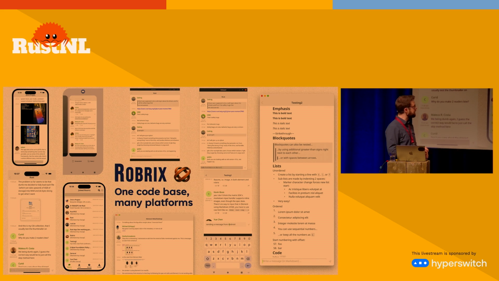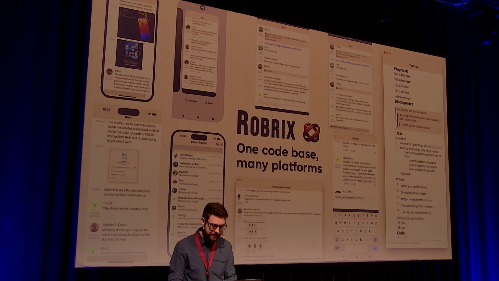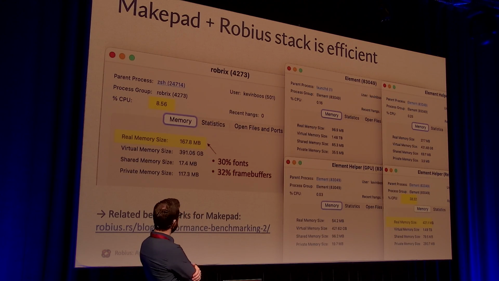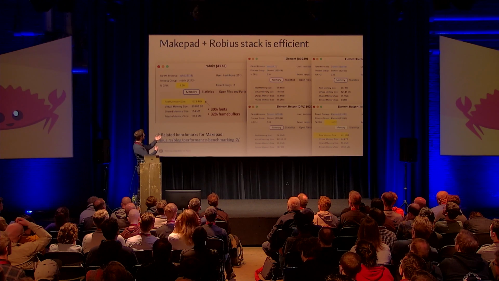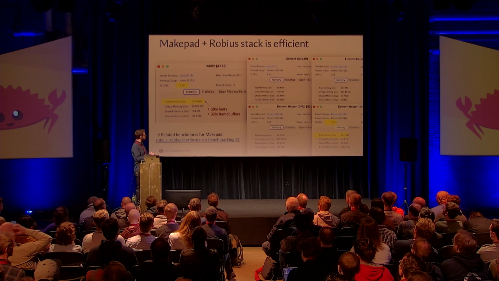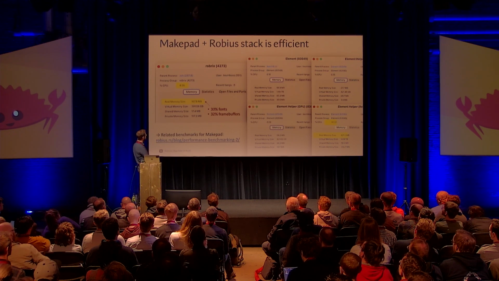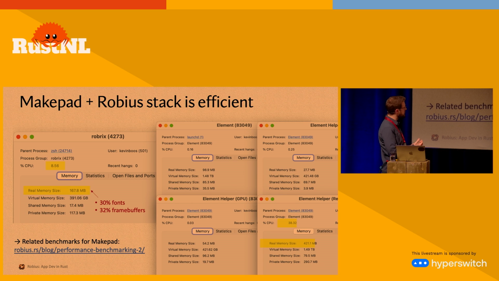Right, so just to really hammer the point home, I don't have all these platforms with me, but this is the same Robrix app running on iOS, Linux, Windows, macOS, and Android, as you saw locally. So that's nice. I also wanted to highlight that this is a relatively efficient stack because in this particular case, we're not using a web engine. So the Makepad version of Robrix, the Matrix chat client that I just showed, is around 170 megabytes of memory usage, a third of which is fonts and a third of which is frame buffer.